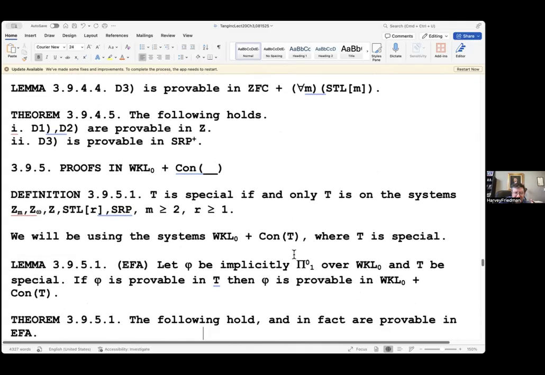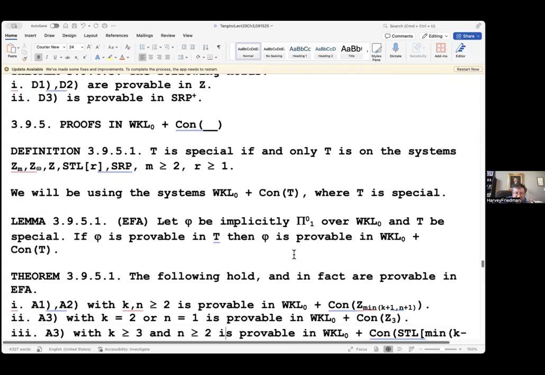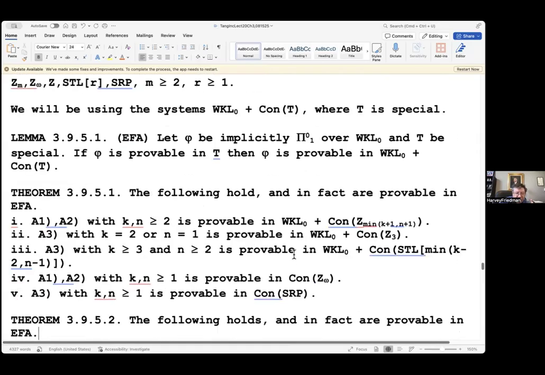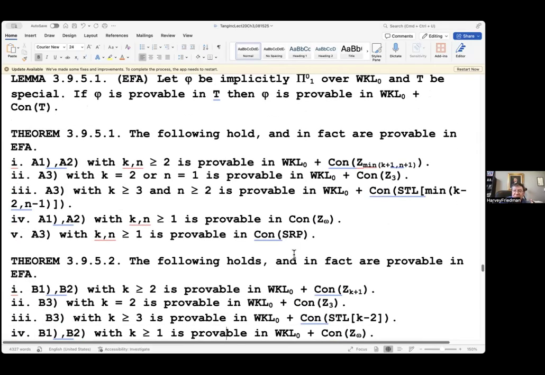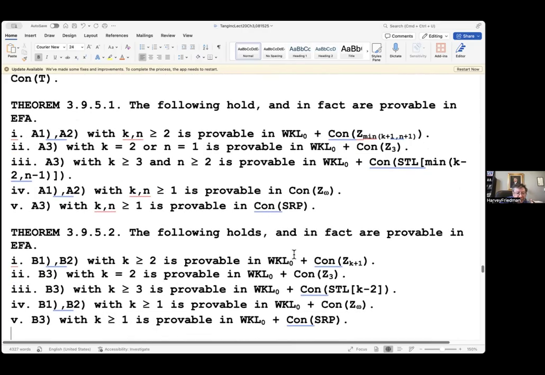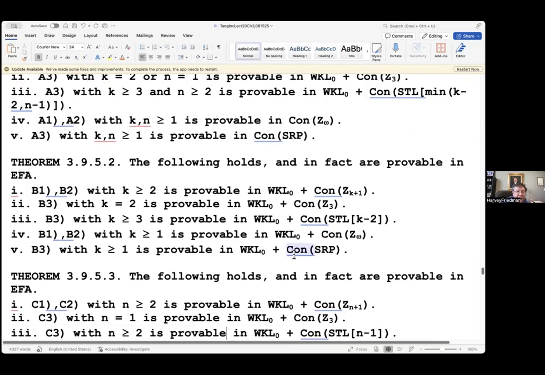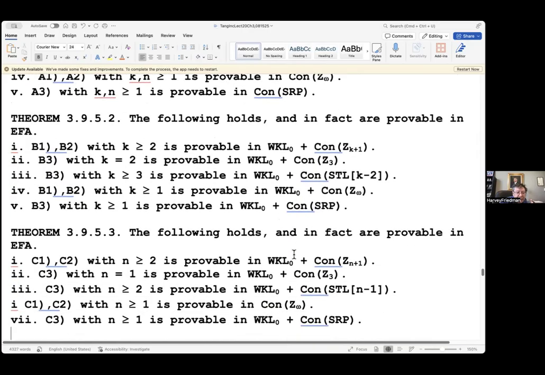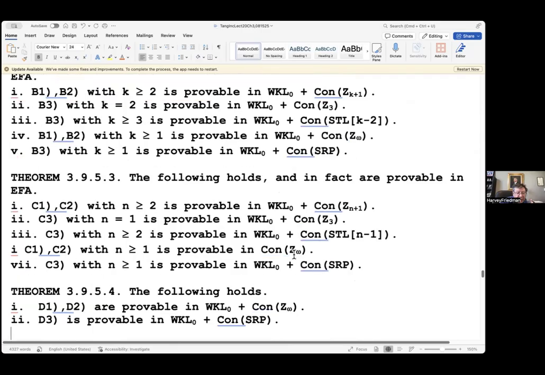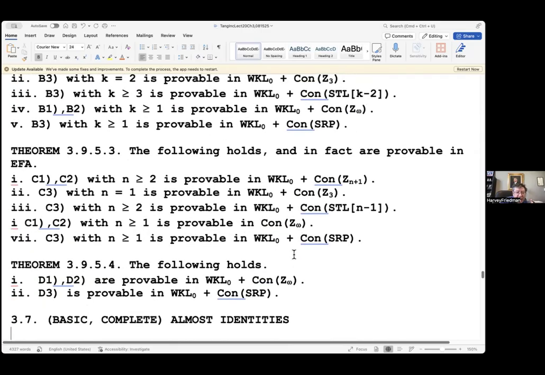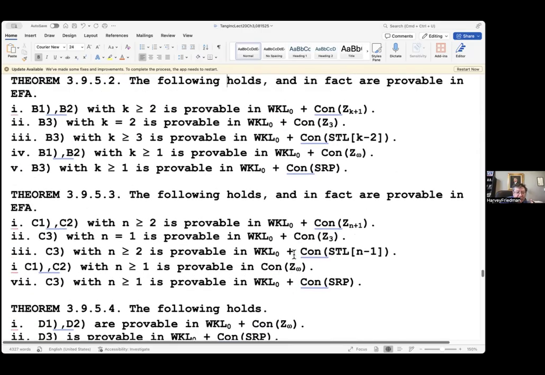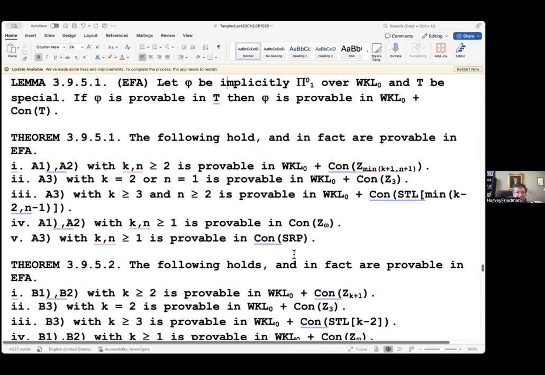All right. Then you can prove everything with Con. So I have a bunch of stuff here about how you can prove stuff with Con, all just what you'd expect. And that requires implicit Pi zero one-ness.